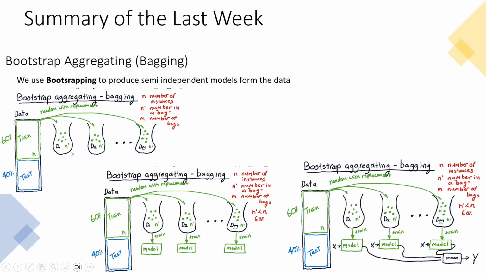Even if we use the same decision tree type, since we are training these guys with different data, at the end they become different models. Okay? And by using these different models, once we make a prediction and combine their predictions, we have a better predictor, or we have a more robust predictor.